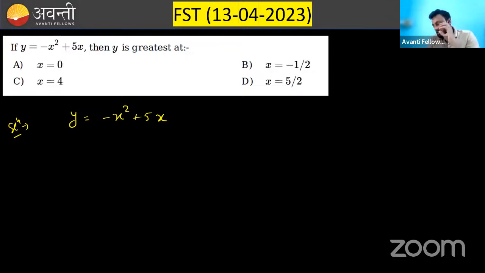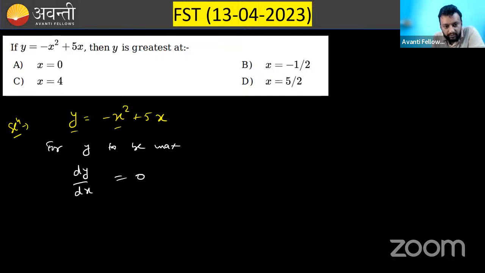So whenever a question asks you the maximum value or the minimum value, in that situation you need to find the differentiation of that quantity. Here you can see y depends on x. So for y to be maximum, dy over dx should be equal to 0.